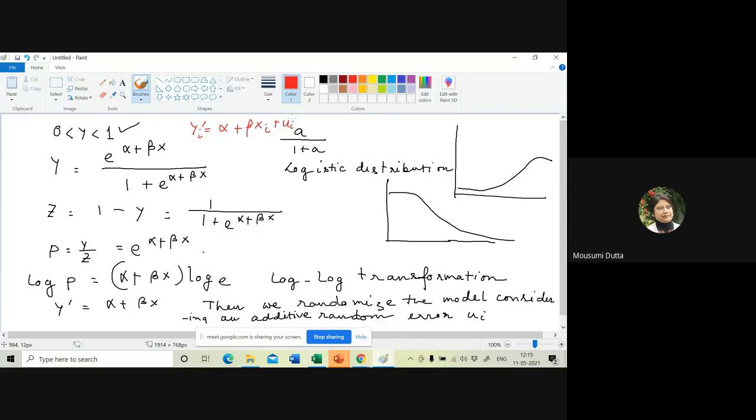This concept is very important: model specification. What will be my model specification to estimate a particular function empirically? These three questions are based on that idea. This is the functional format, and what will be the model specification which you will be able to estimate?